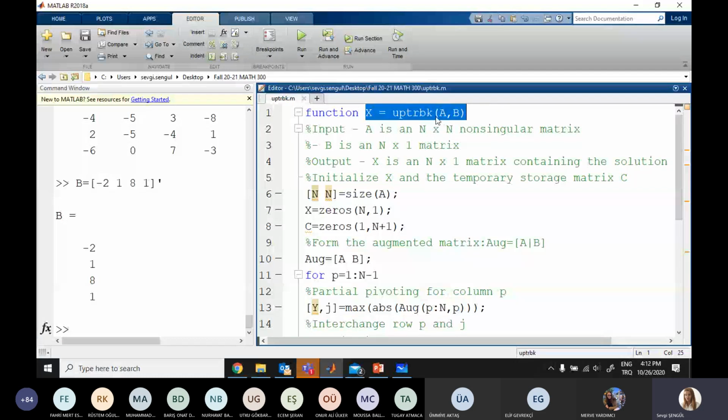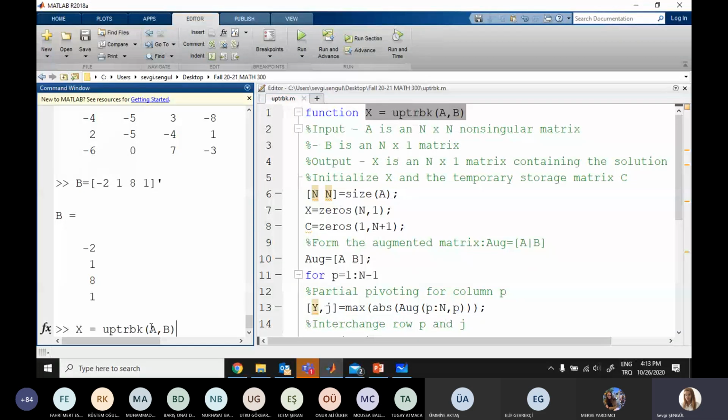Once I define A and B in the command window, I will just copy paste this part in there and call it, and as you can see, the solution is 0, 0, 0, 0 solution for X, Y, Z, or X1, X2, X3, and X4. Okay? So you can easily find the solution if A is an n by n non-singular matrix and B is an n by 1 matrix; the output is the solution.